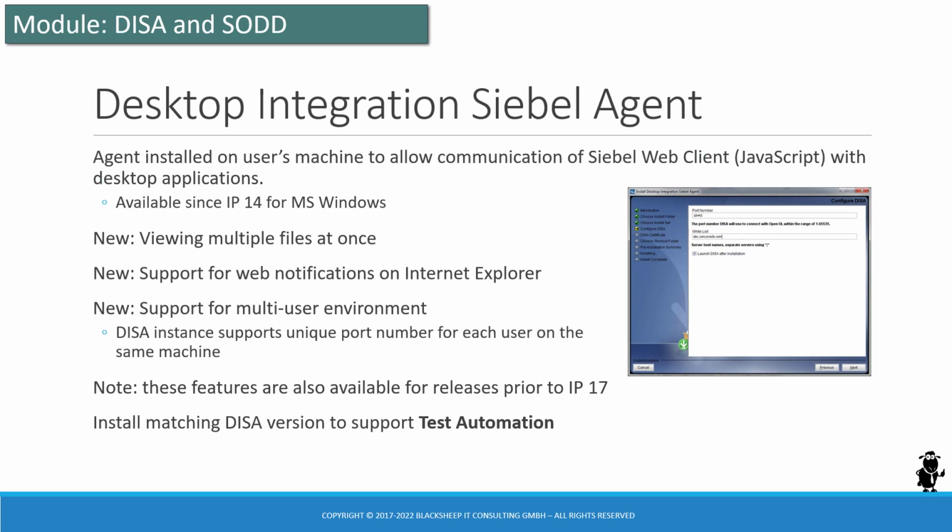The desktop integration Siebel agent is another example of enhanced applications that have existed in prior Siebel versions but have been greatly enhanced with IP17 and higher. We have a chapter available for you if you want to learn all about DISA.